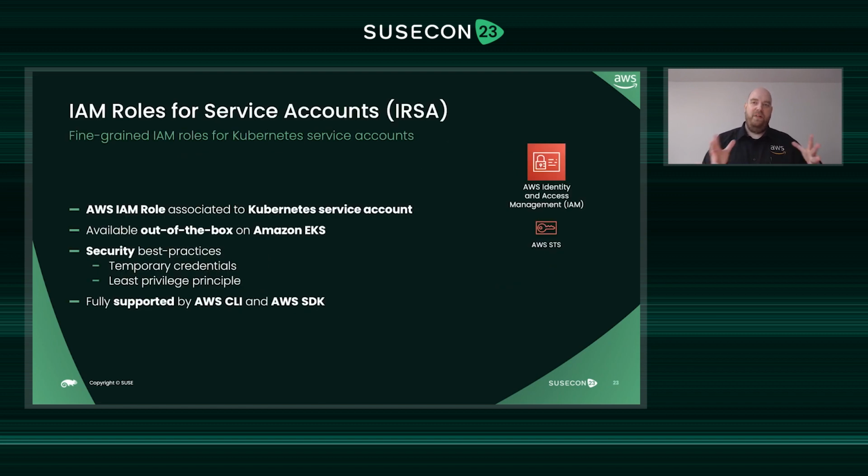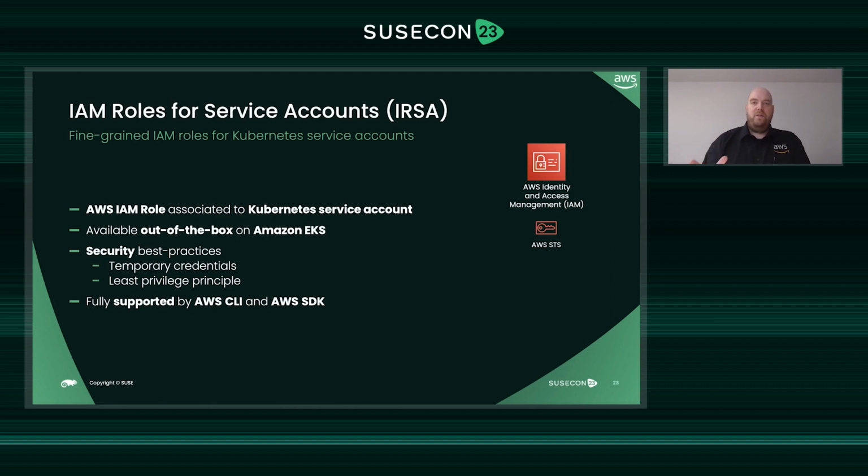The problem of instance roles or long-living credentials that I mentioned can be solved in Kubernetes environments by using IAM roles for service accounts, or IRSA. With this feature, AWS IAM roles are assigned to a Kubernetes service account. And this service account is then linked to a specific pod, which actually is a specific application.